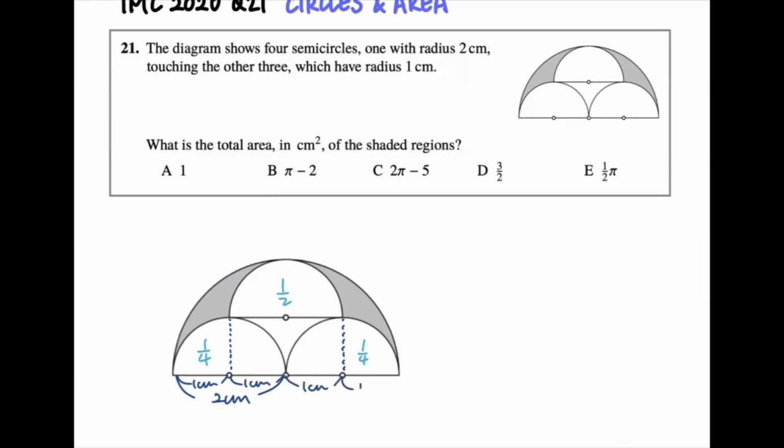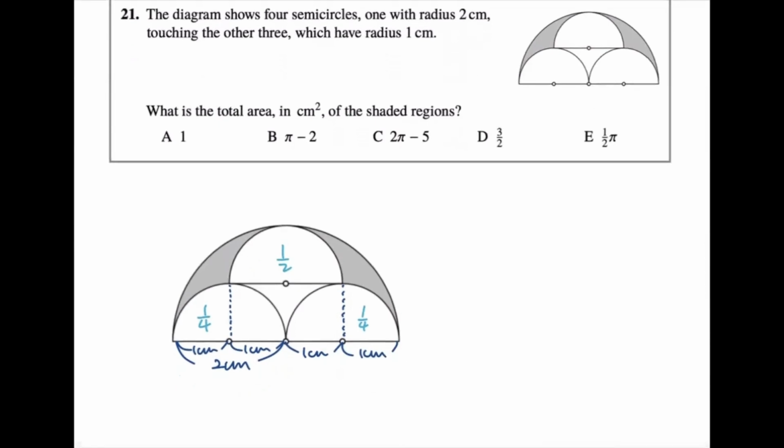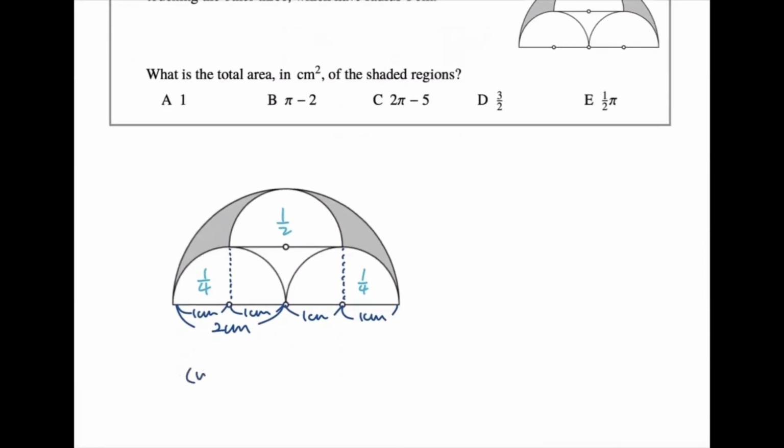So let's write the unshaded region. A quarter plus half plus a quarter would be back to 1. Therefore, we can write a full circle, the smaller one, not the really big one that you can see, plus the rectangle in the middle.